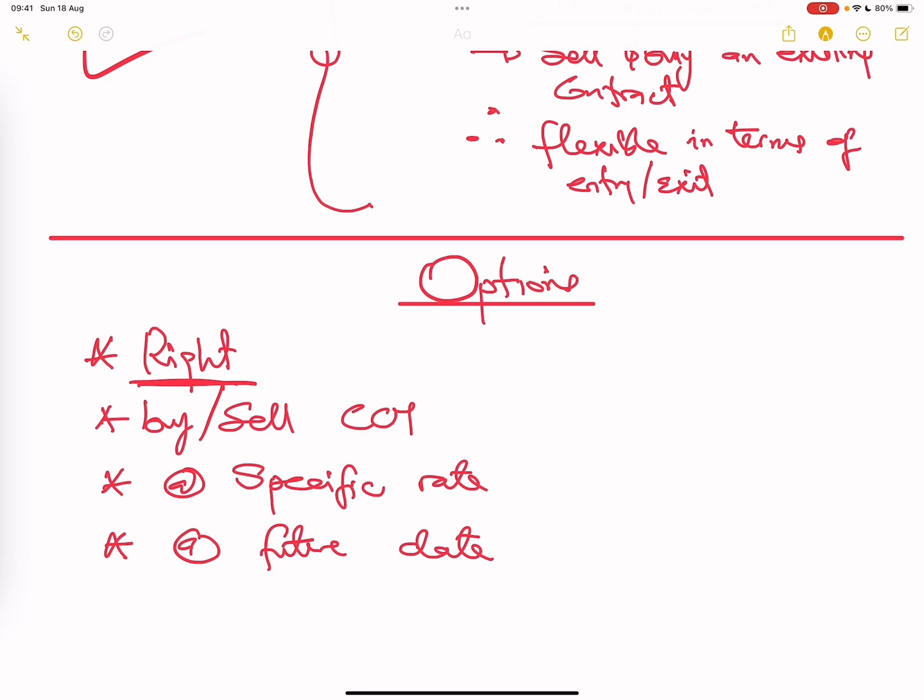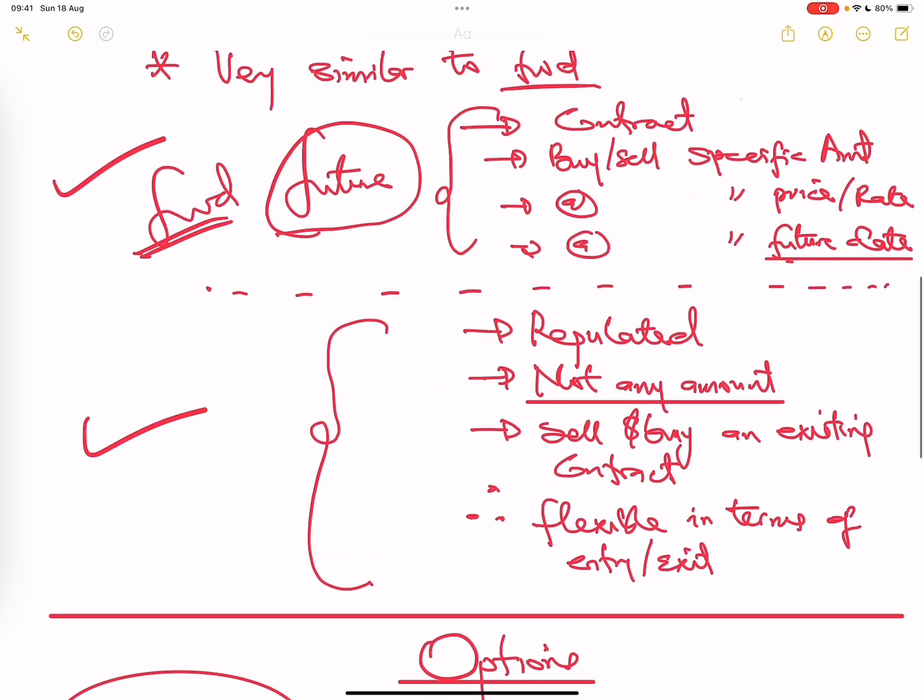So it's like a forward, but the only difference is that it is a right. It is not an obligation. Remember, forward and future are obligations.